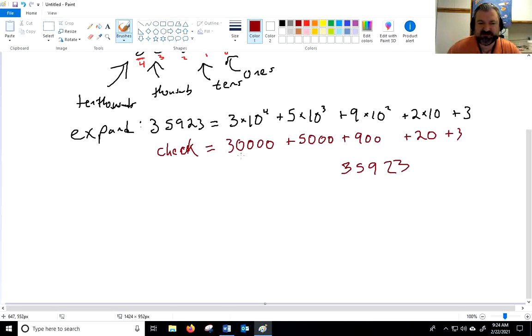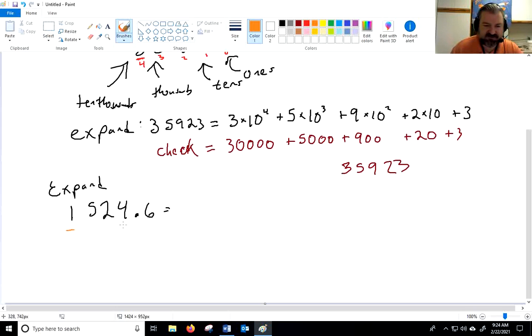This kind of system also works for decimal numbers. So let's try that right quick. Let's do 1524.6. We're going to expand that. What would that look like expanded? Well, we're going to start again with this far left number.